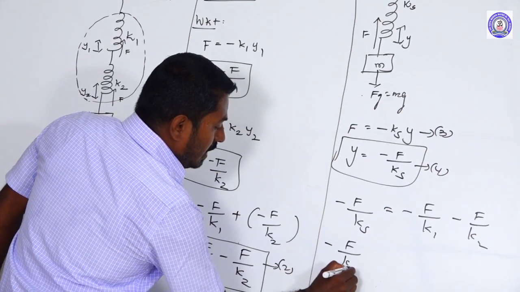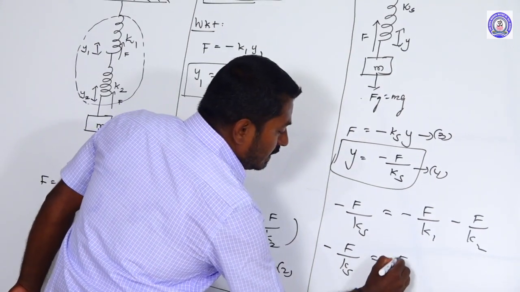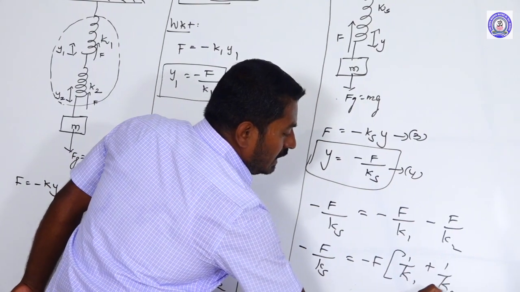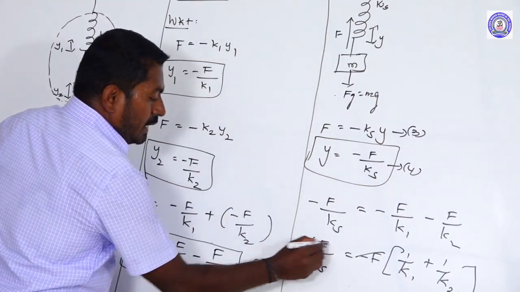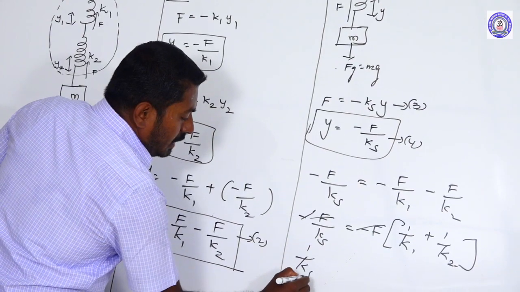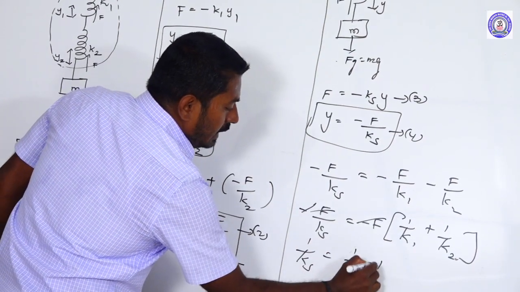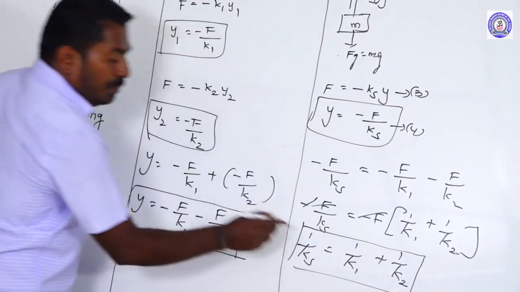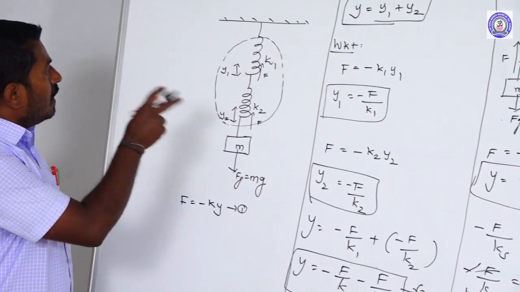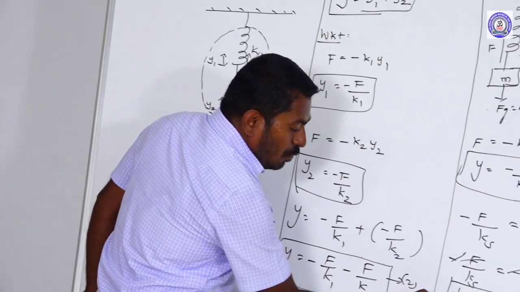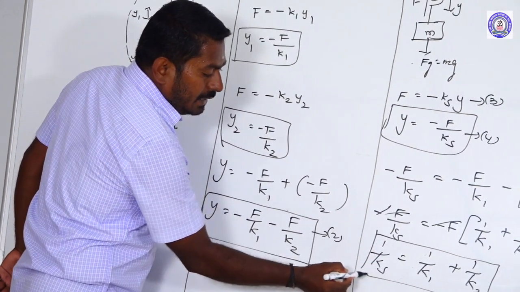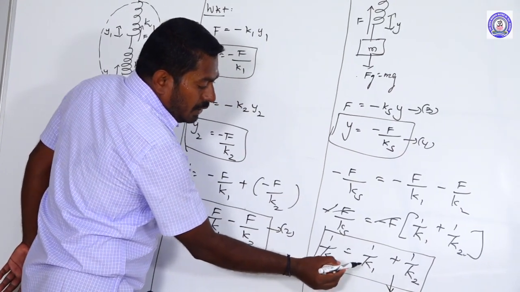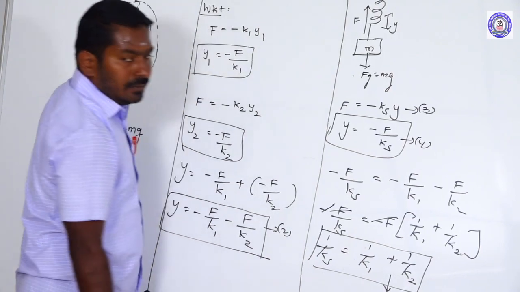Taking minus F out commonly, and minus F gets cancelled, 1 divided by Ks is equal to 1 divided by K1 plus 1 divided by K2. This is an important expression. When springs are connected in series, the reciprocal of the effective spring constant is equal to the sum of the reciprocals of the individual spring constants.